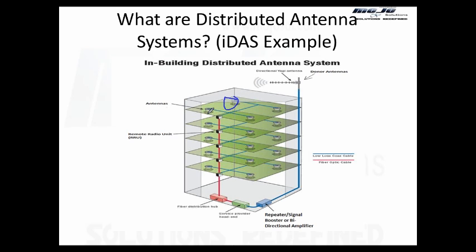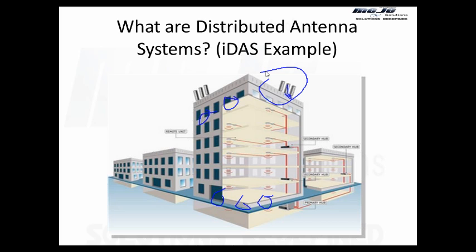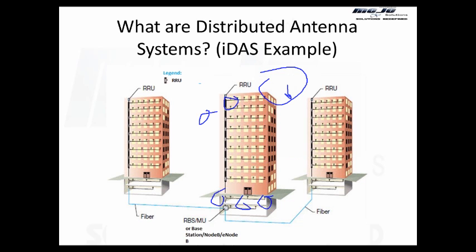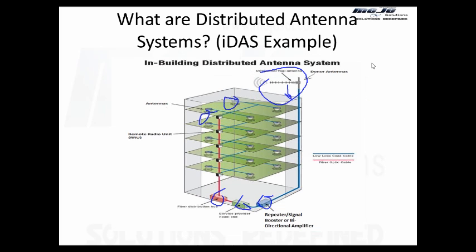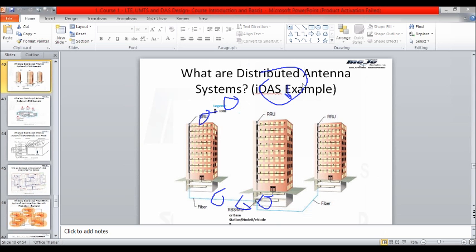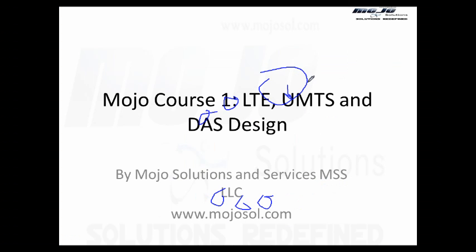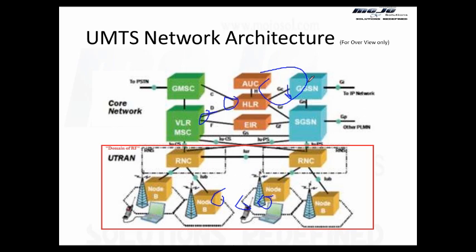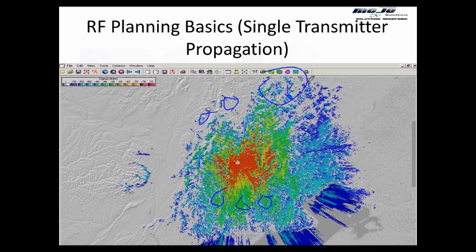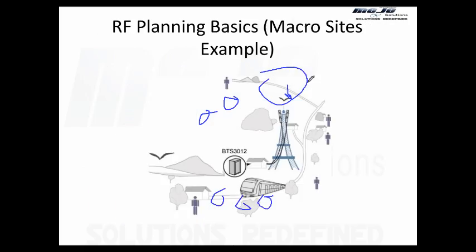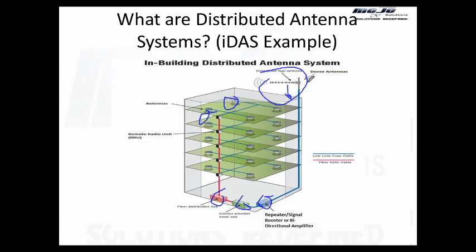These are the remote units, connected with a fiber hub. This is a repeater signal, and this is a repeater signal. We are feeding the signal into the DAS system using a repeater. The repeater is receiving its signal from the other macro site.